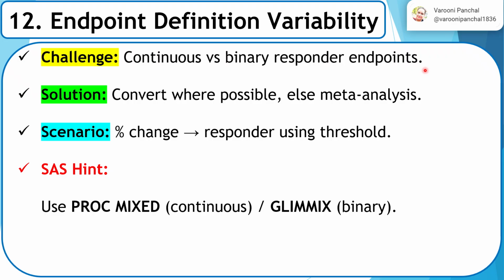It's a very tedious and daunting job. So you need to be very careful when you're working with the endpoints definition. This is a very important factor in the slide where this affects the actual efficacy results. So you need to be very, very careful while performing this.